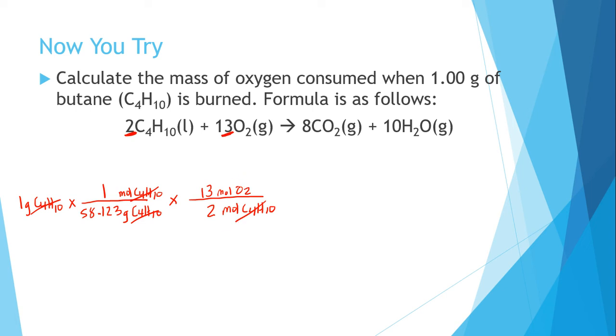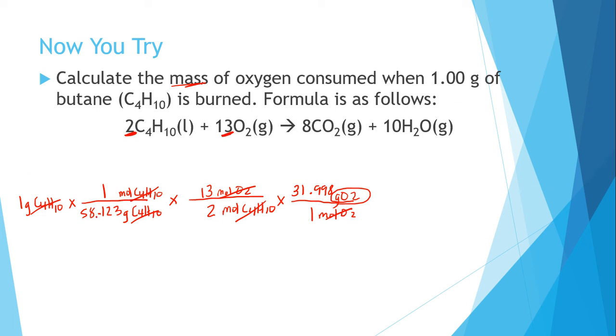I have moles of O2, but I want mass, so I need to use my molar mass. So for every 1 mole of oxygen, my molar mass of oxygen is 31.998, I believe. Yep, grams of O2. This allows me to cancel these units because they're opposite, and it leaves me with what I wanted.